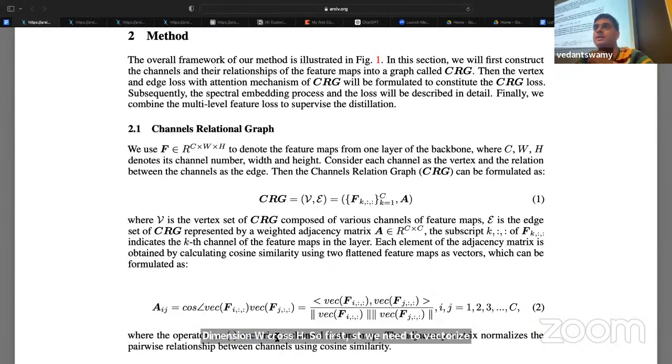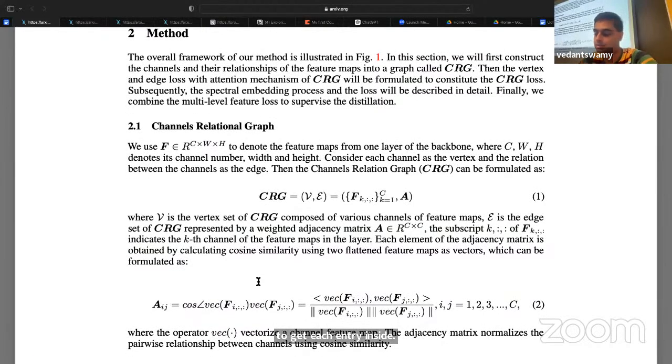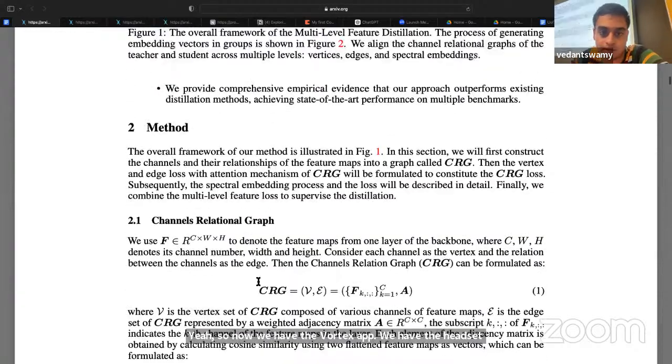By vectorize, I mean we need to convert it into a single vector of length W cross H. After we have two vectors of length W cross H, we just compute the cosine of the angle between them in order to get each entry inside the adjacency matrix. So now we have the vertex set, we have the edge set, we have established what exactly the graph is right now.